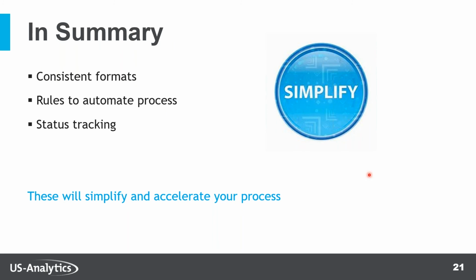So just in summary, what have we got here? We've got a tool that gives you consistent formats. It gives you rules to automate the processes, and it gives you tracking. Something that I didn't have a screenshot of, but something I've been working on recently was another company where they had a prepaid account.